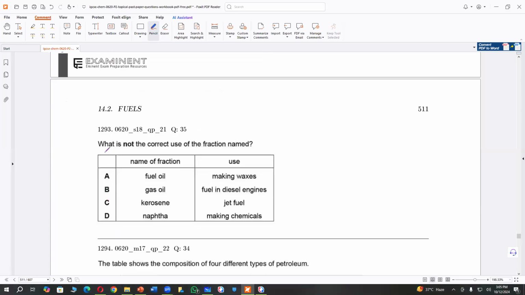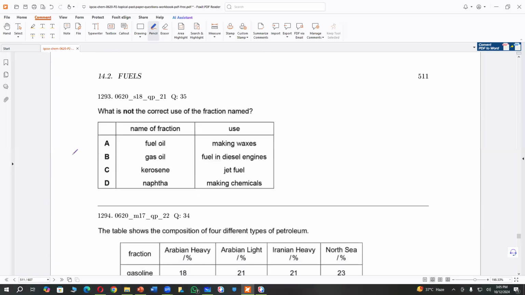Okay, continue. Now, what is not the correct use of the fraction named? Is it not A? It's A or B. Fuel oil making waxes.